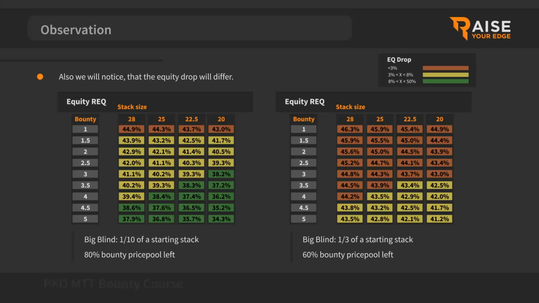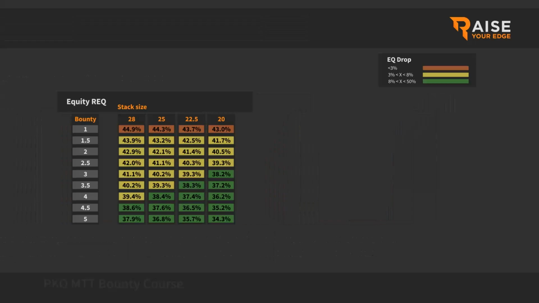Meanwhile, already for the case that you have 20 big blinds and 3 bounties, in the case that blinds are small, so the stacks are effectively small, you have more than 8% for this case, and here you have a maximum of 3% decrease. So this is a big difference.